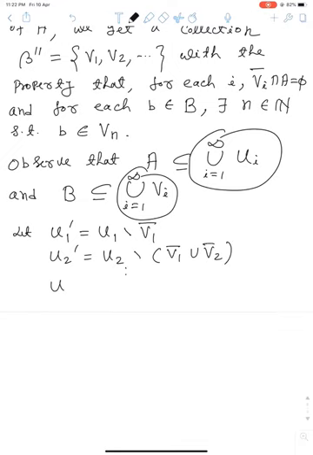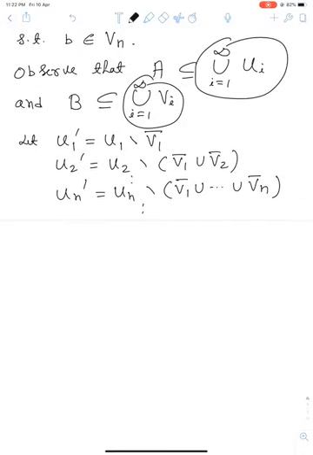That is, my un dash will be un minus v1 closure union up to vn closure. In this way you construct new sets u1 dash, u2 dash, un dash, right?